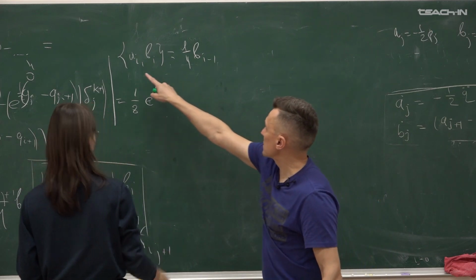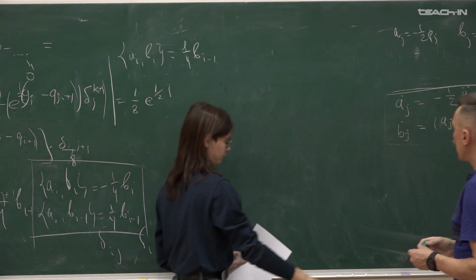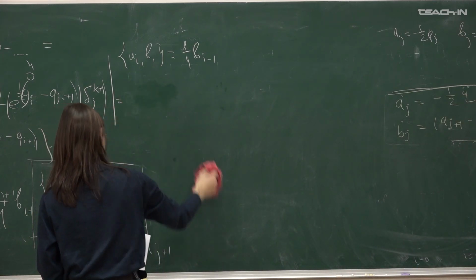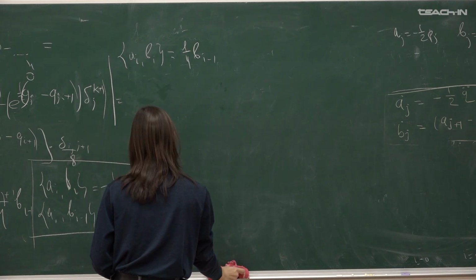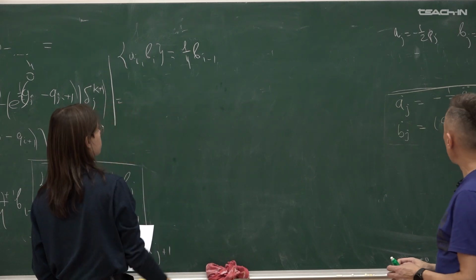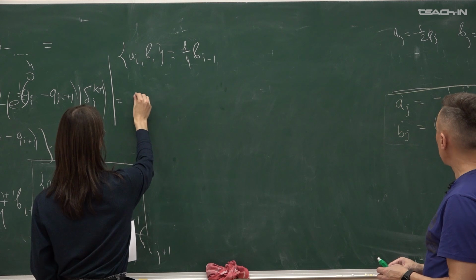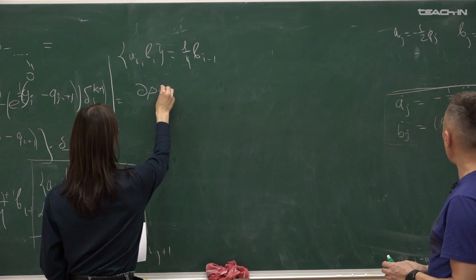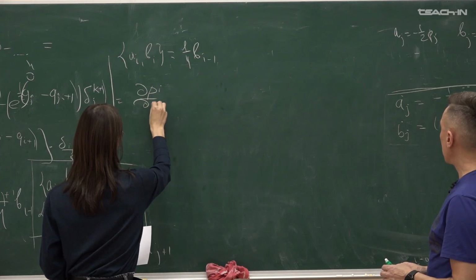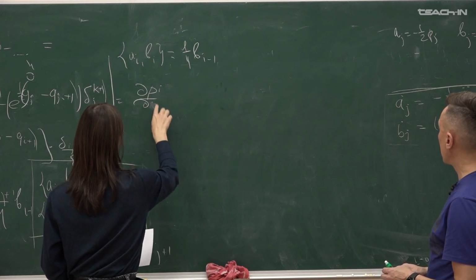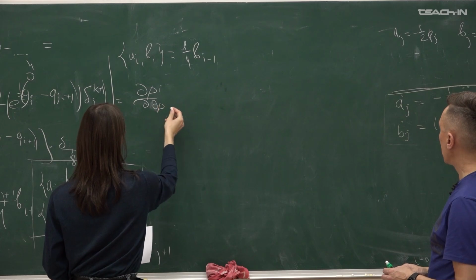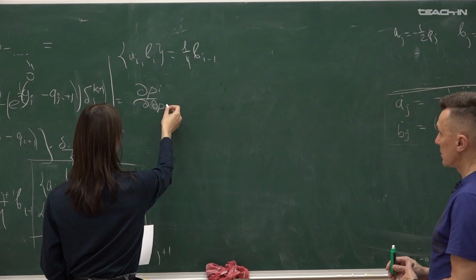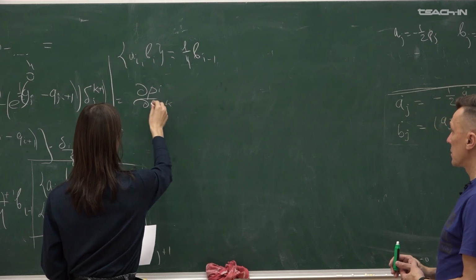Could you calculate just this Poisson bracket? With the right indices or whatever indices? As you like.